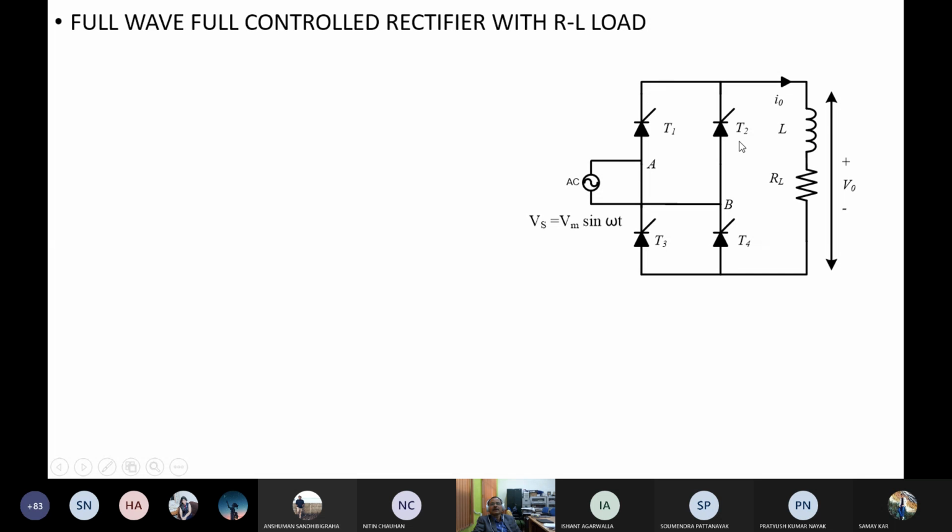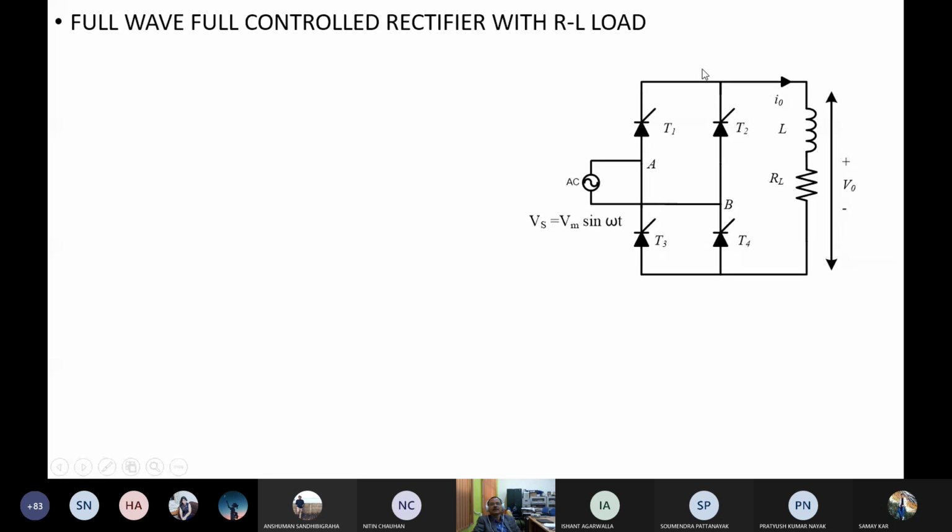At pi plus alpha, when T2 and T3 are triggered, current transfers to T2 and T3. Current will flow through T2, RL and T3 and back to source in the other direction. Current at the source is alternating. In the reverse case it is T1, RL load, T4, positive, negative.